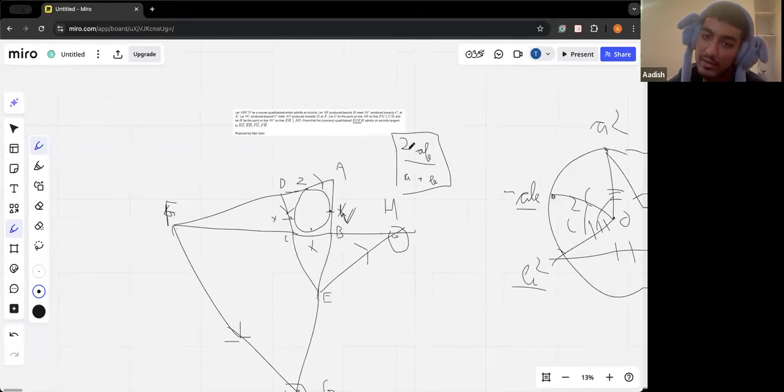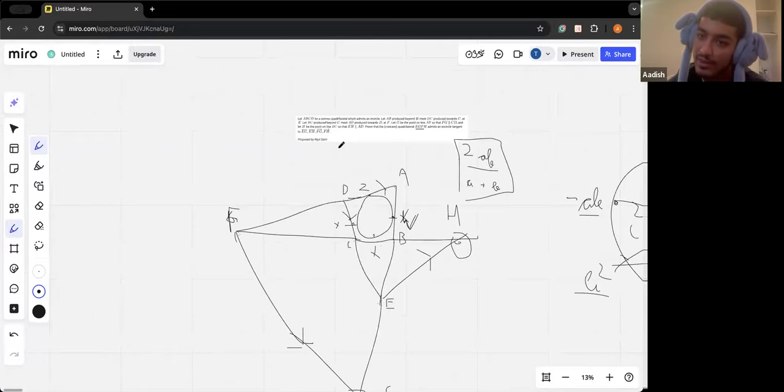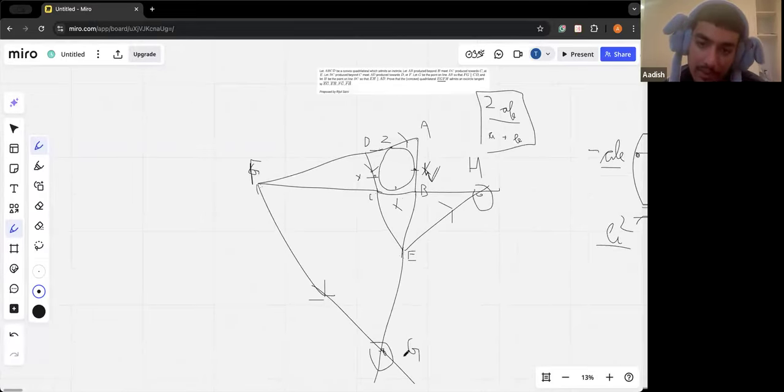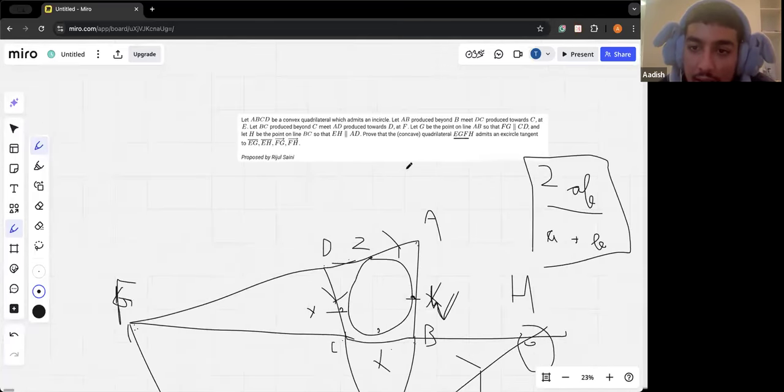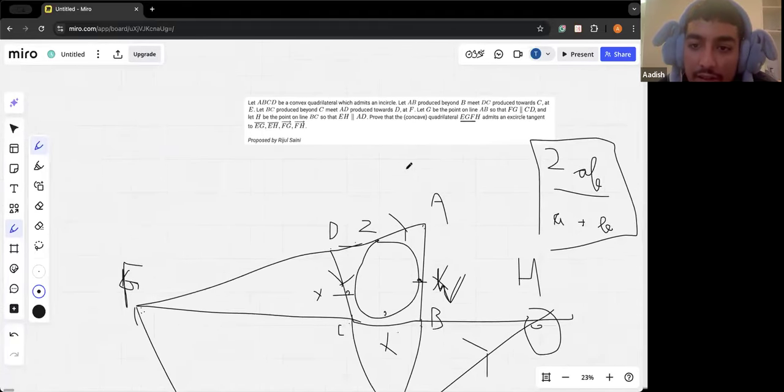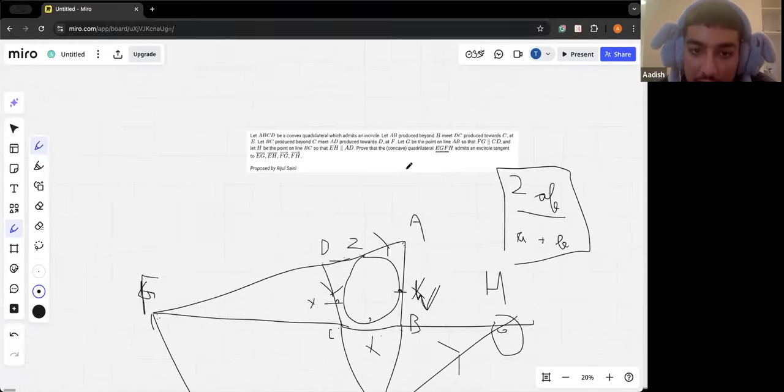They will all look like 2AB by A plus B, where A and B range over X, Y, Z, W. So this computation is fine, but now G and H are annoying, though it won't be hard to find. Now the final thing is to prove that EFGH admits an X circle.